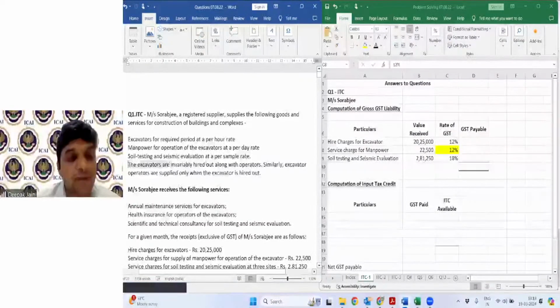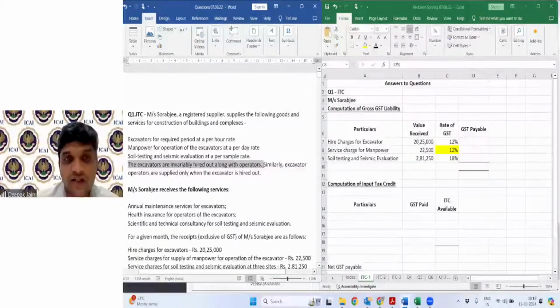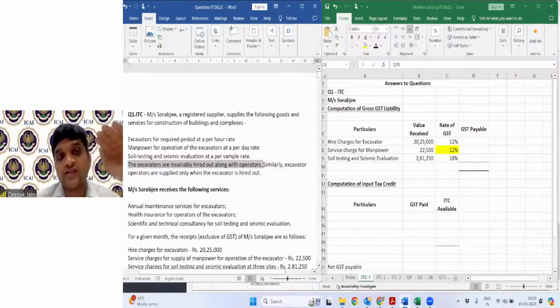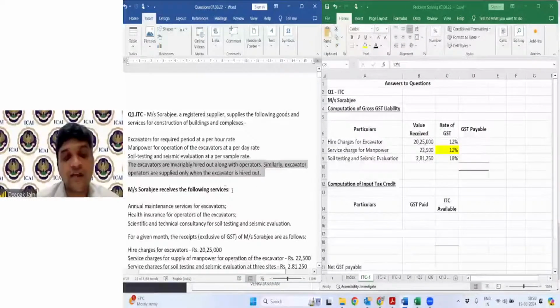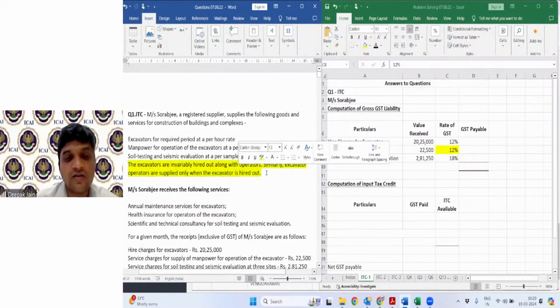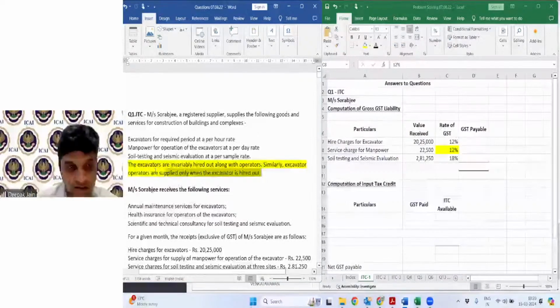But the important point is that excavators are invariably hired out along with operators. And similarly, excavator operators are supplied only when the excavator is hired out. What does it mean? It means that they are both bundled together.